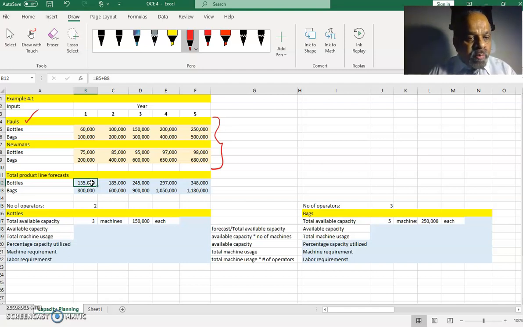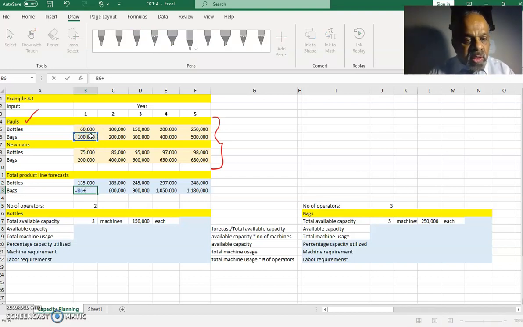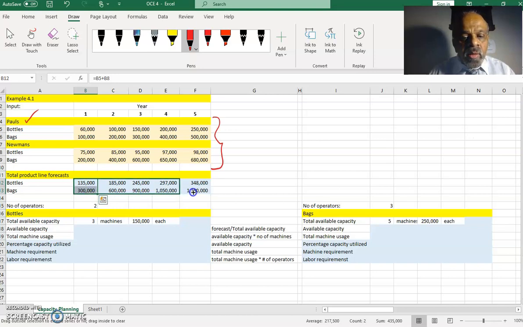The total of bottles is going to be equal to 60,000 plus 75,000. And the total for bags is going to be equal to 100,000 plus 200,000. I'm simply going to copy and paste for the rest of the years.